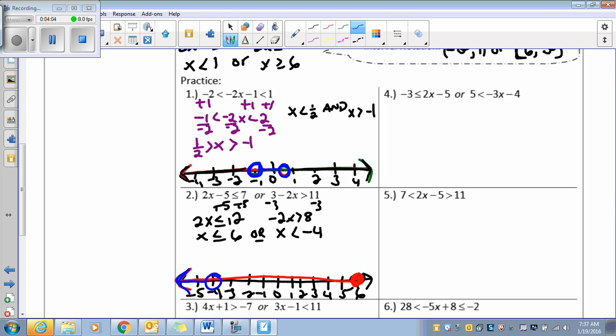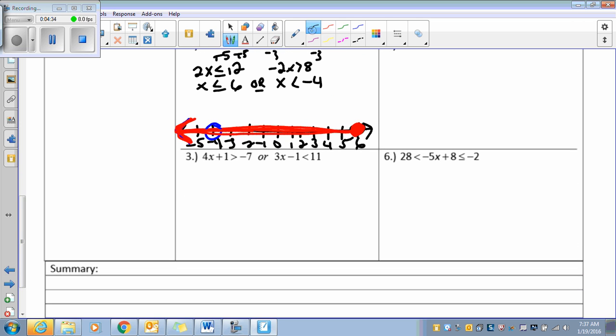Because it can satisfy one or the other, if we look at this x is less than 6, it includes this x is less than -4. So we don't even need to graph this x is less than -4. All we have to do is graph x is less than or equal to 6, because it will satisfy both of those inequalities. So you'd only have this one red part right here to show the solutions for both of those inequalities.